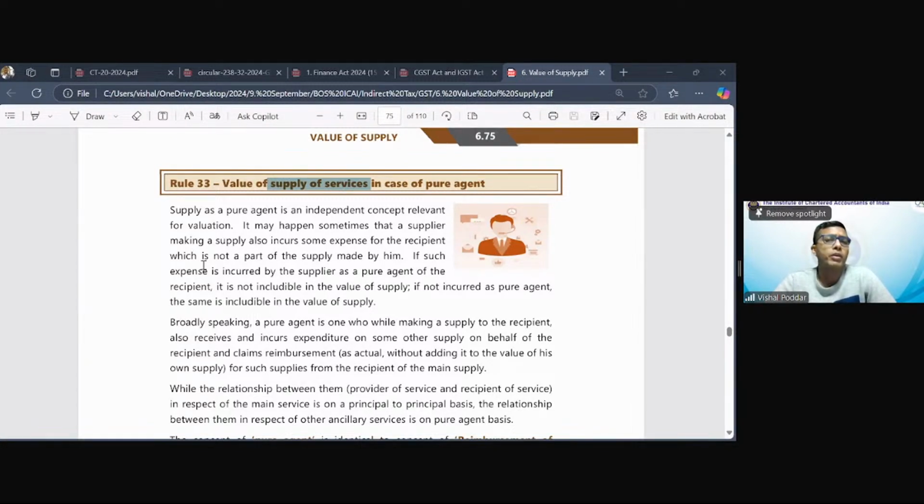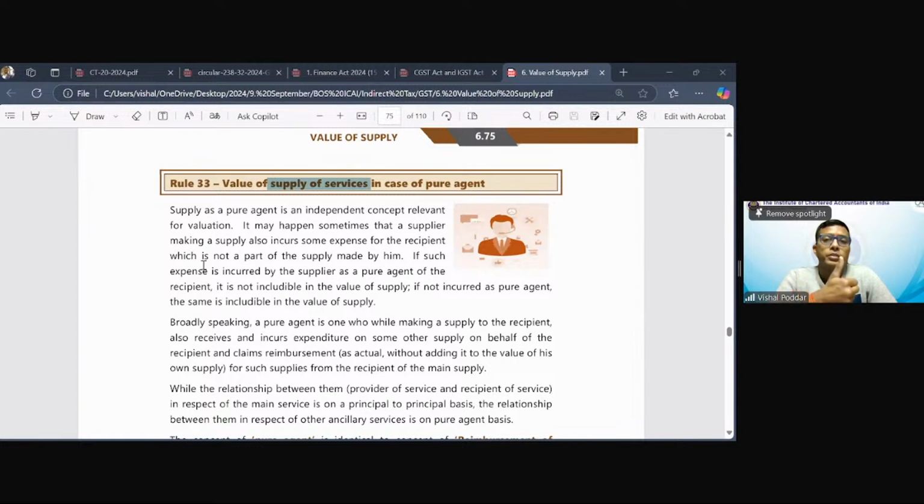So what is very important is that where I am incurring any expense, we have to prove that this is not my expense, this is your expense, and I am only temporarily paying it and recovering it in my invoice. Then it is pure agent. Now, how to prove this? The most important condition is, one, the bills of the expenses should be in the name of the recipient.